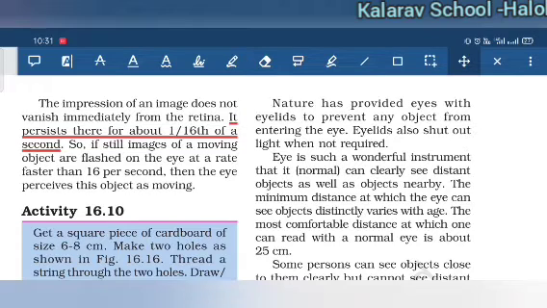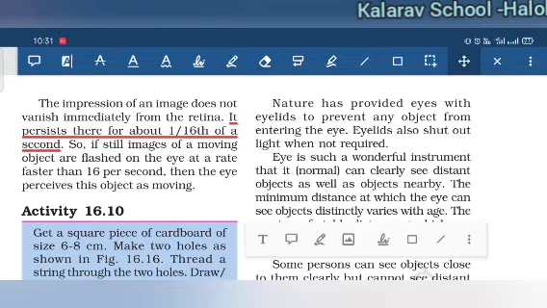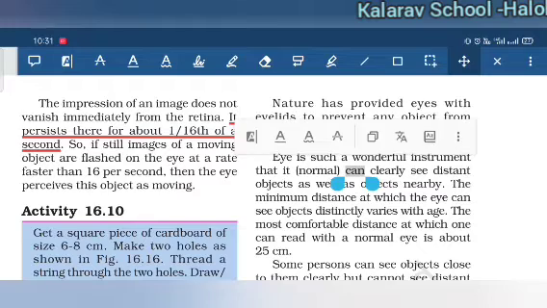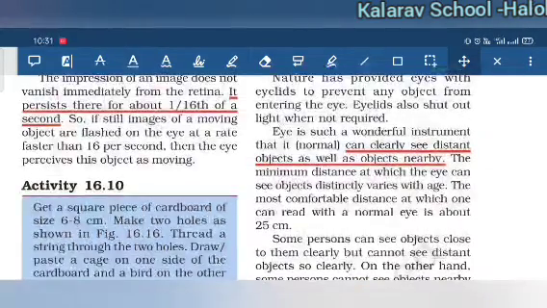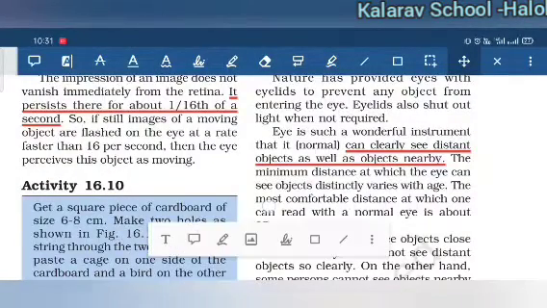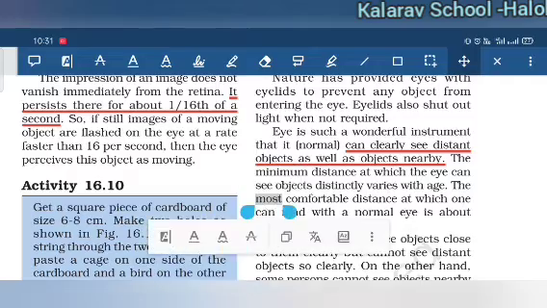It is used to see distant as well as nearby objects clearly. The minimum distance at which the eye can see an object clearly varies. The normal eye has a comfortable distance, that is 25 centimeters.